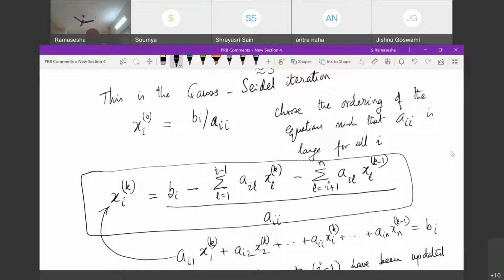When I'm dealing with the ith equation, all the unknowns x_l at the kth iteration are known because they are from equations that come above i. Below i, the equations still have unknowns which are k minus 1 iteration values. That's the reason why it is b_i minus sigma over l equal to 1 to i minus 1, a_il x_l^k, minus sigma over l equal to i plus 1 to n, a_il x_l^(k-1), divided by a_ii.